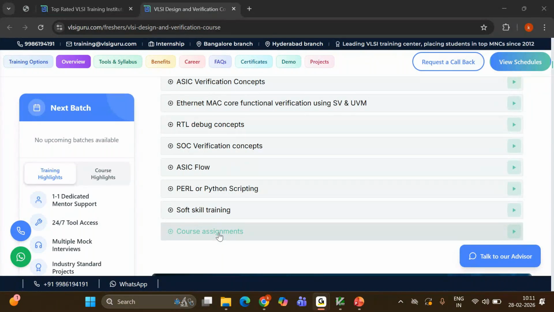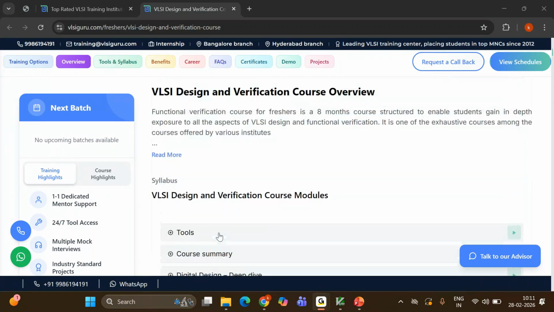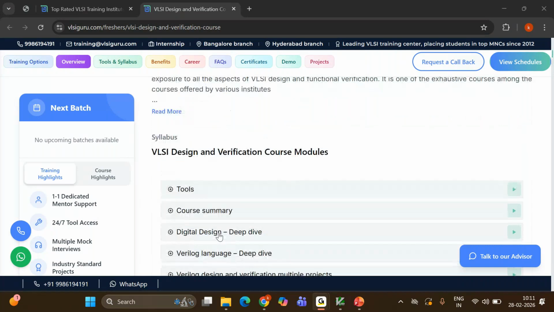VLSI is all about good understanding of a digital circuit. It might be front end, it might be back end, the digital circuit becomes the very base level. So to make your understanding even stronger, we are doing this digital design.